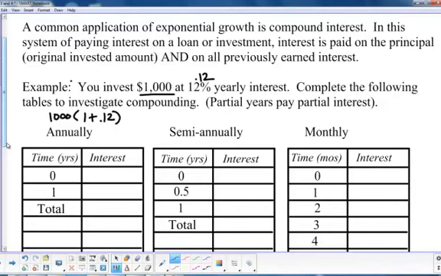And probably the easiest is if you have a graphing calculator to type this equation in under y equals, to the x. So if I put 1.12 to the 0, anything to the 0 power is 1, so 0 would give 1,000. And then 1,000 times 1.12 is 1,120.